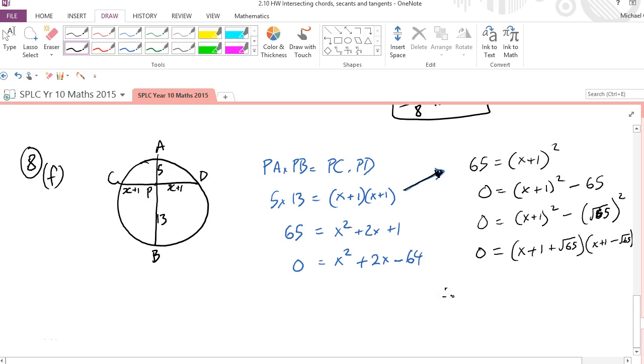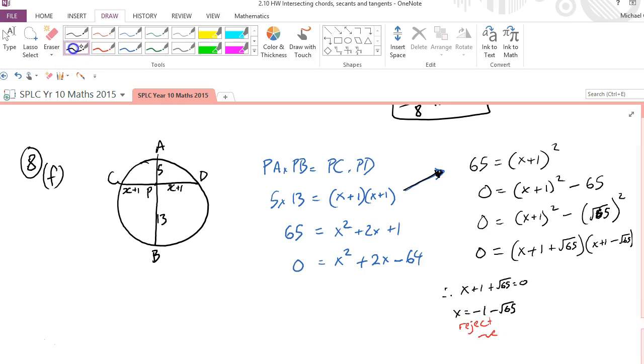Therefore, either the first bracket equals 0, null factor law, x plus 1 plus root 65 equals 0. That's going to give me x equals -1 minus root 65. Well, hang on, that can't be right, because that's going to be a negative value for x, and it's going to make that distance less than 1. So we can reject the negative value.